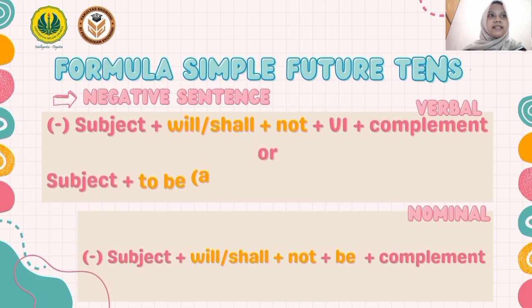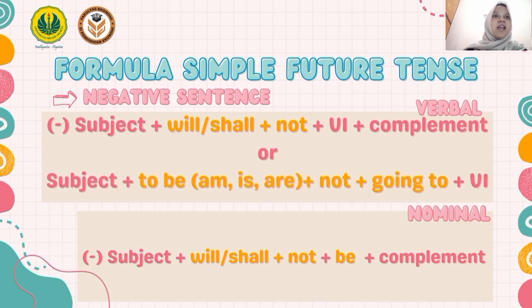For the negative sentence, for the verbal, there is subject plus will or shall plus not, because it's a negative sentence, so it's not, plus verb 1 and complement, or subject plus to be plus not plus going to plus verb 1 and complement. And then for the nominal sentence, we use subject plus will or shall plus not plus be plus complement.